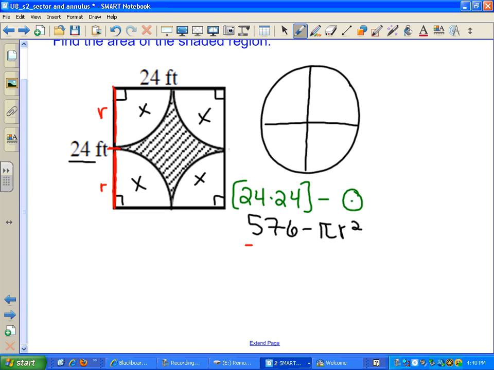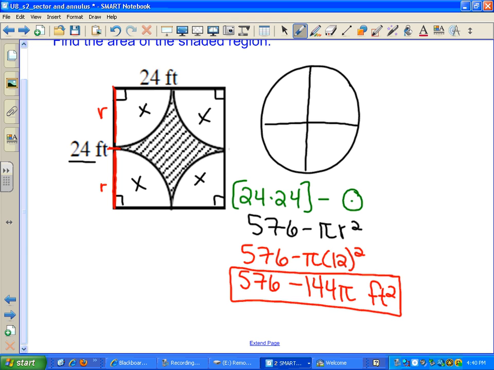So I'm going to go ahead and take 576 minus pi times 12 squared. Well, that's going to be 576 minus 144 pi. Now I can't combine like terms here because that pi is kind of like a variable. So I have 576 minus 144 pi feet squared.